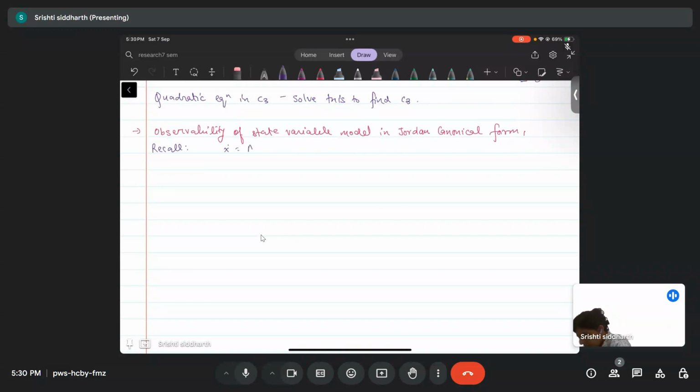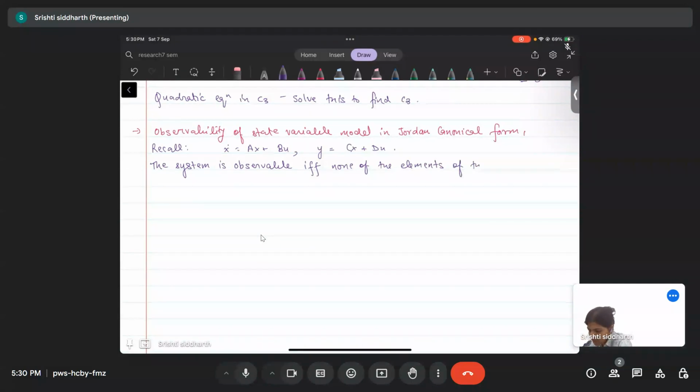We have the system x dot equals Ax plus Bu, and for observability we also need the measurement, so we have Cx plus D. The system is observable if and only if none of the elements of the row matrix C is 0, for the single output case.